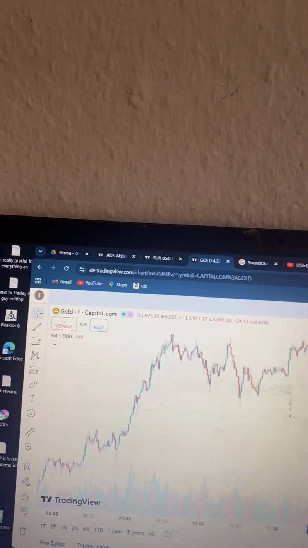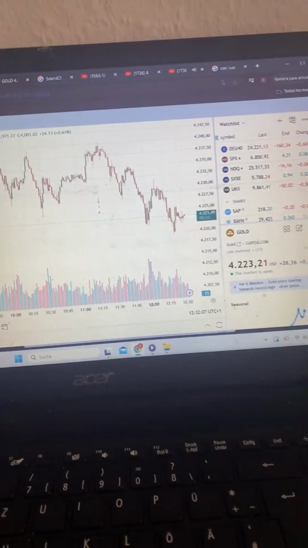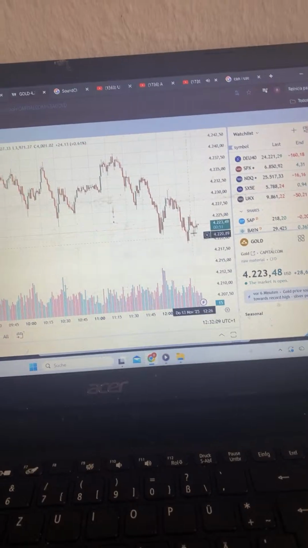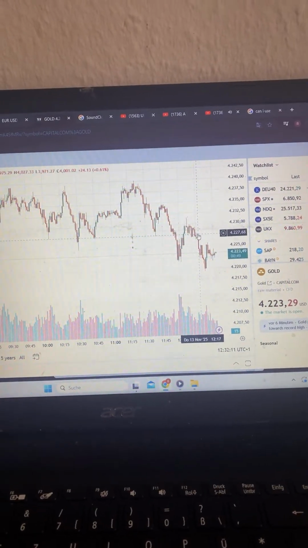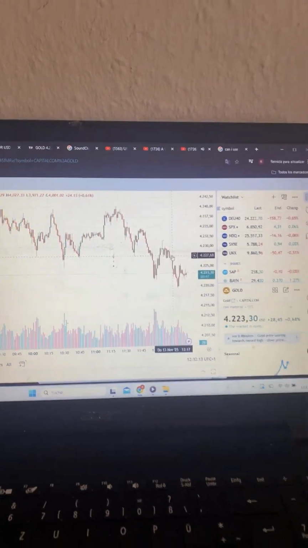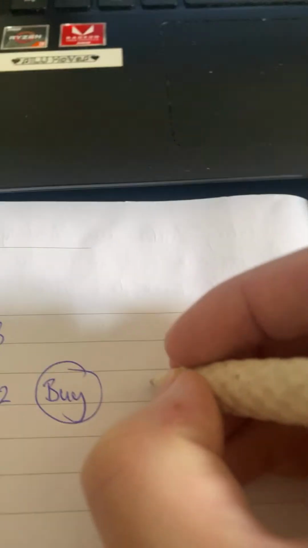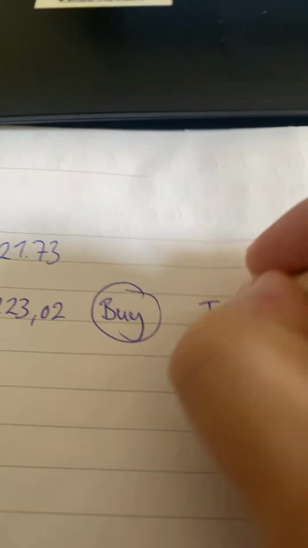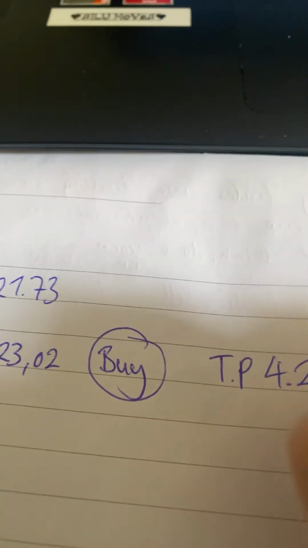And we will do, just want to zoom in a bit more. So this is from the time frame of 12 to 12:30. Let's look about here, 4227. So we're gonna then do first take profit at 4227.